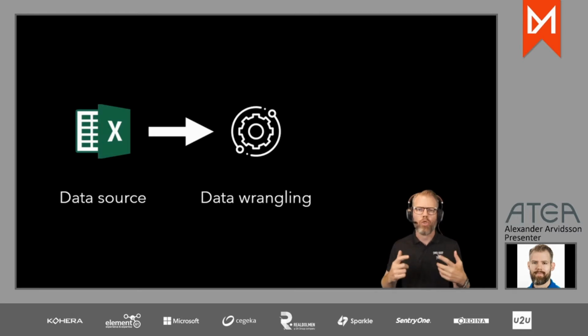You need to change data types in order for math to work. You might need to remove some data that is just not usable for your visuals. You might need to calculate something based off different columns and so on and so forth. This is known as data wrangling, and this is most often the realm of Power Query.